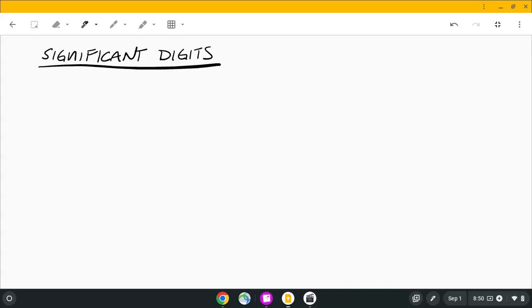So for finding how many significant digits there are, you're going to count from left to right. When you count from left to right, you're counting how many significant digits there are.